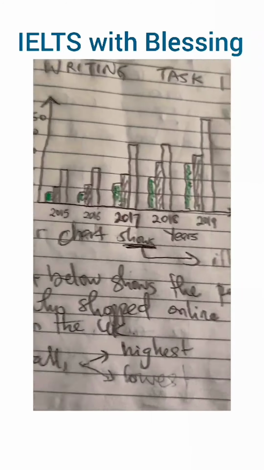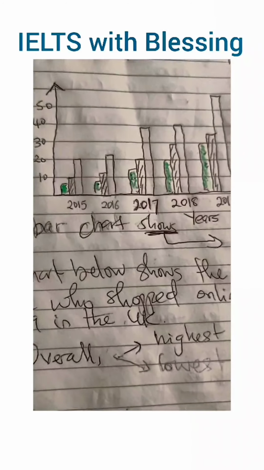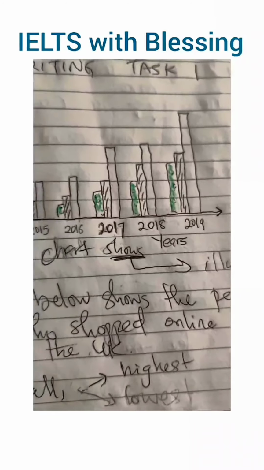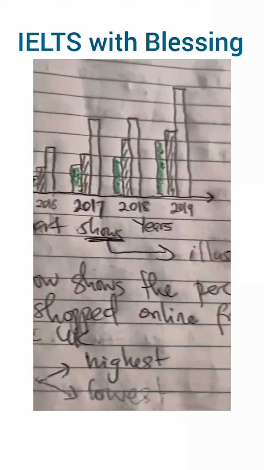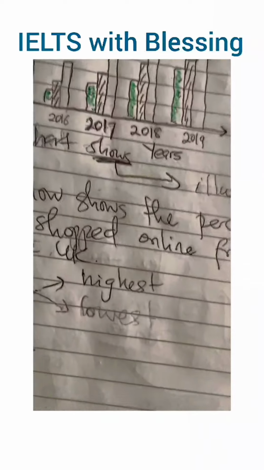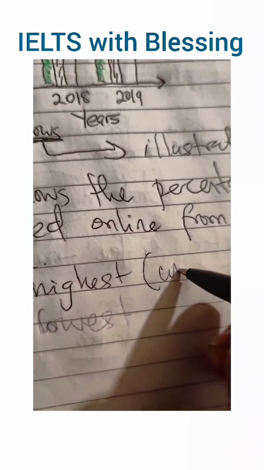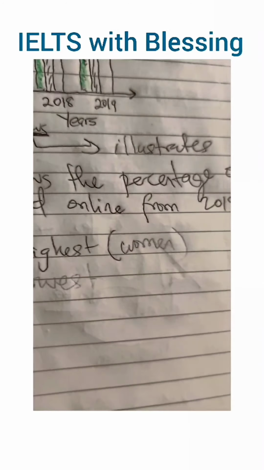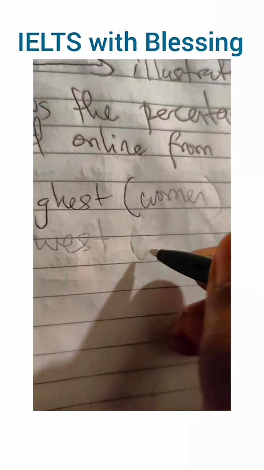So overall, it can be seen that the highest percentage of people who shopped online was women, while teenagers consistently accounted for the lowest proportion.